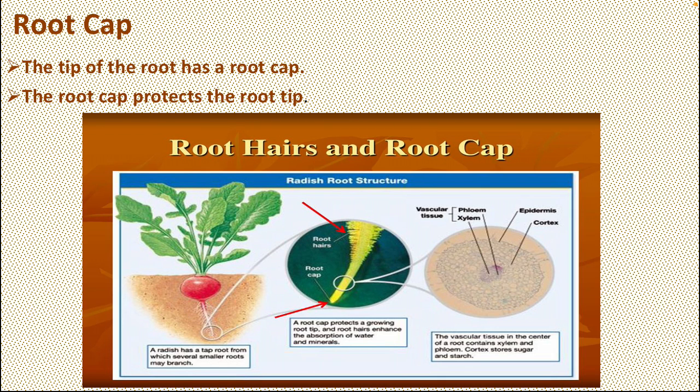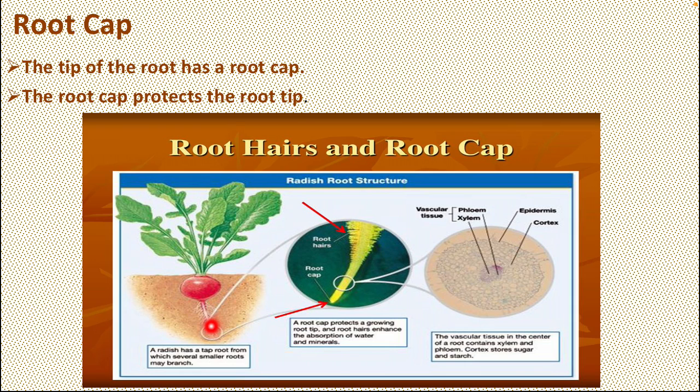This is the root cap. Now what is a root cap? What do you think from its name? The tip of the root has a root cap. The root cap protects the root tip. Now you can see the root hairs and the root cap. The root cap produces new cells continuously.